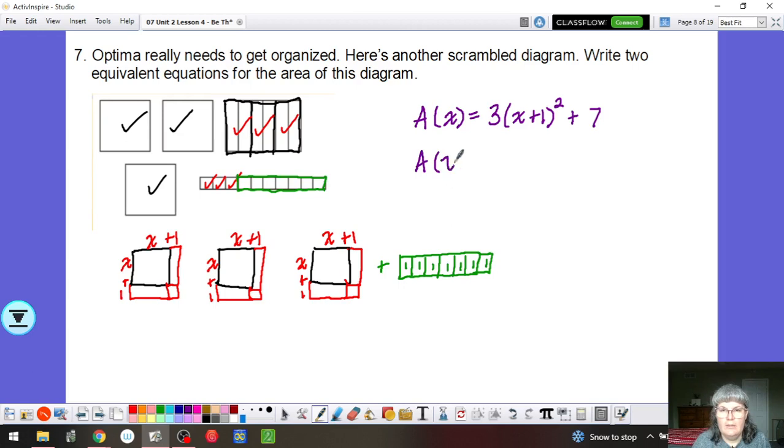If I'm finding the total area of all my pieces, well, we had the 3x squareds. We had 6 x's, and we have the 3 plus 7 units for plus 10. And this is where the lesson concluded in class. We will pick up with number 8 in the next video.